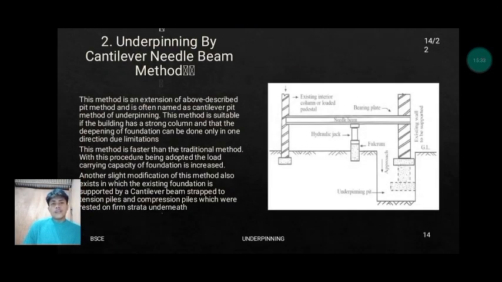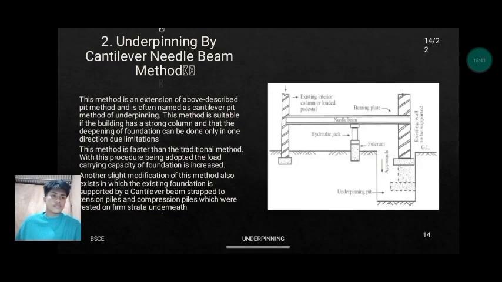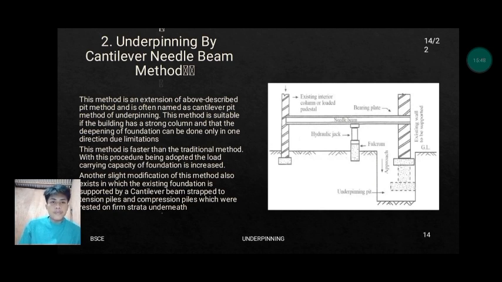Moving forward, for the next method, we have underpinning by the cantilever needle beam method. This method is an extension of the above-described pit method and is often named the cantilever pit method of underpinning. The method is suitable for buildings that have strong columns, and the deepening of the foundation can be done only in one direction due to limitations.